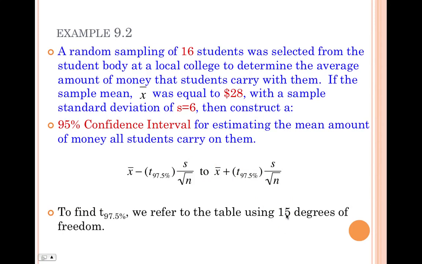So we go to our table and we look up 15 and we look up the column 97.5%, and you should note on that column that the t-score in question is 2.13. Okay, so you look at the column 97.5%, you go down to 15 degrees of freedom, and it is 2.13.